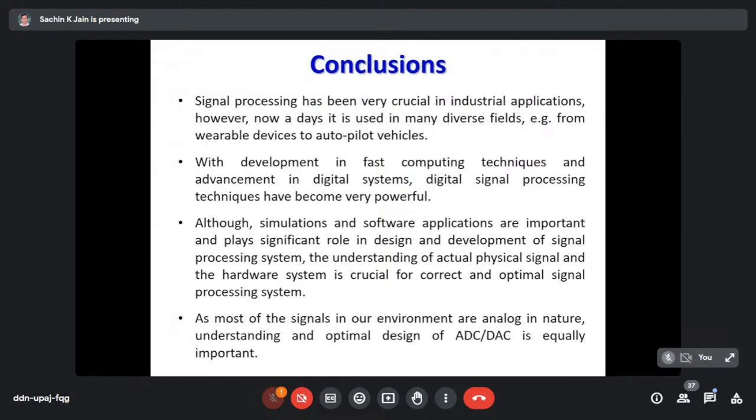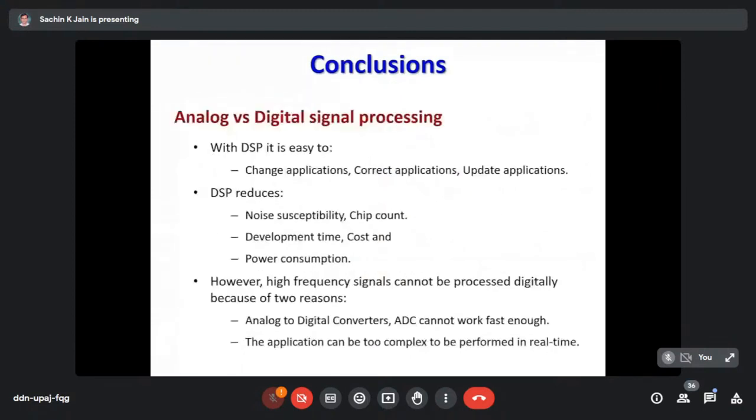Therefore, understanding the optimal design of ADC and DAC is equally important. They are also part of signal processing. Unfortunately, due to time limitations, it is not possible for me to discuss analog to digital or digital to analog conversions.